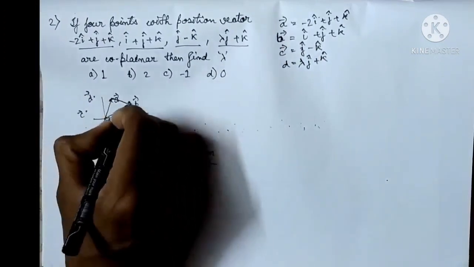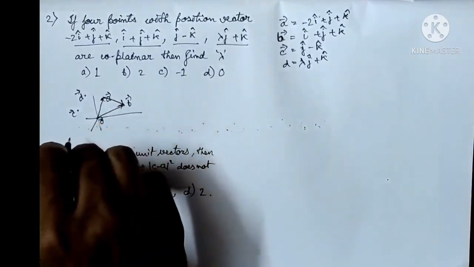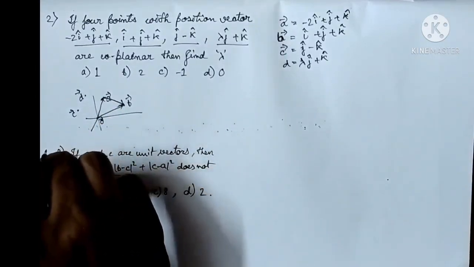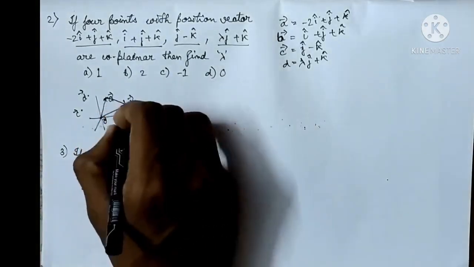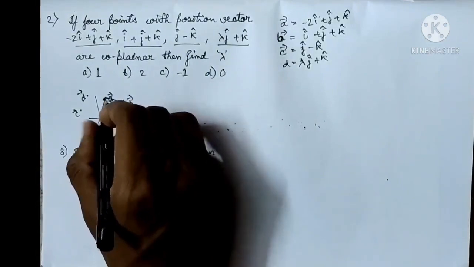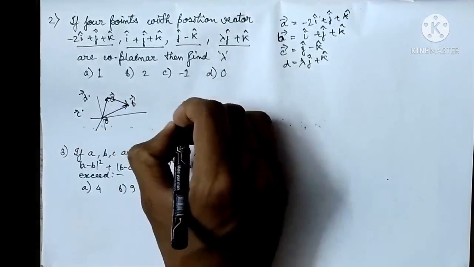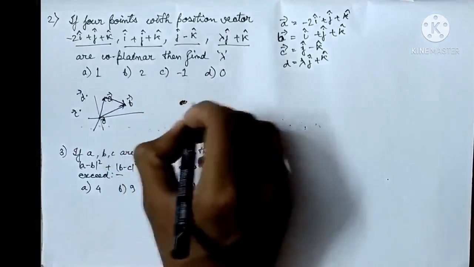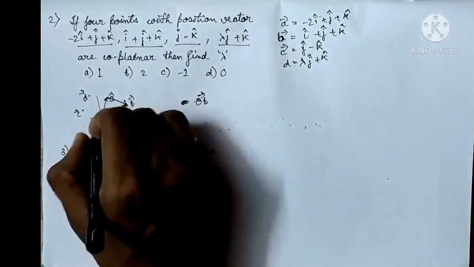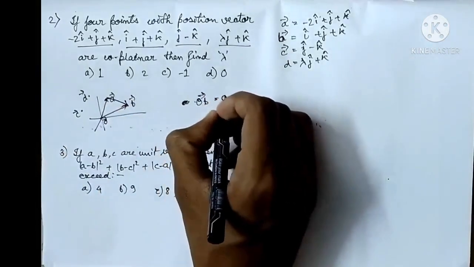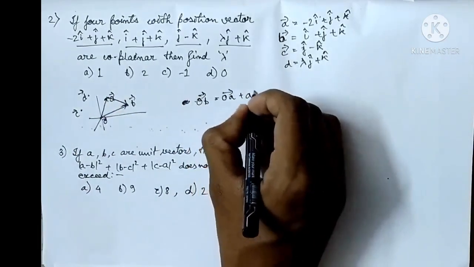Now if we join from A to B, then you can see that this OB is equal to OA plus AB.